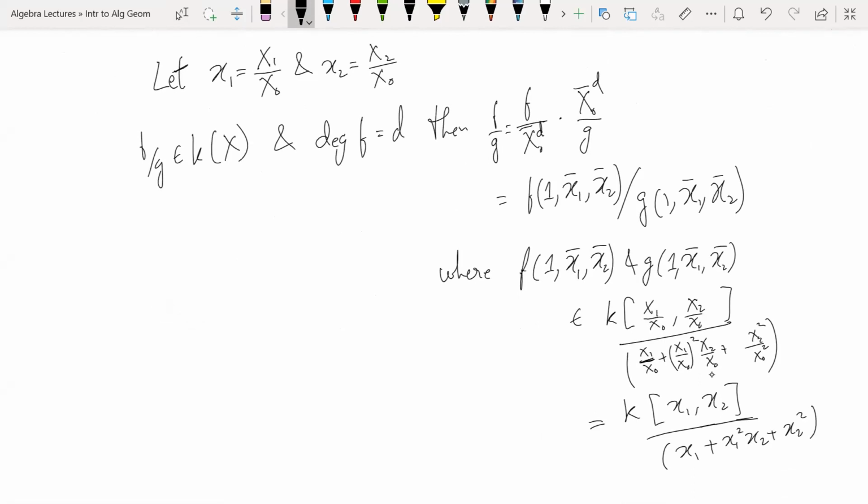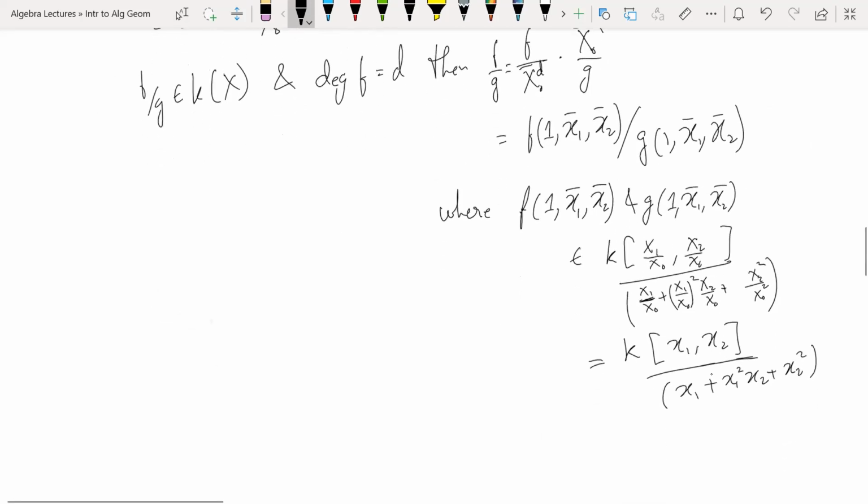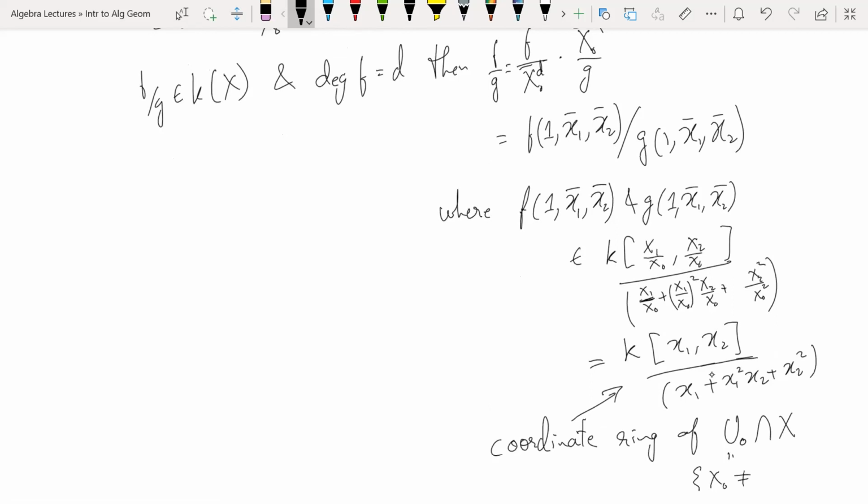You can think of this ratio as a ratio of two elements in this ring, and this is precisely the dehomogenization. And this is the coordinate ring of U0 intersection X, where U0 is x0 not equal to 0 in P2.